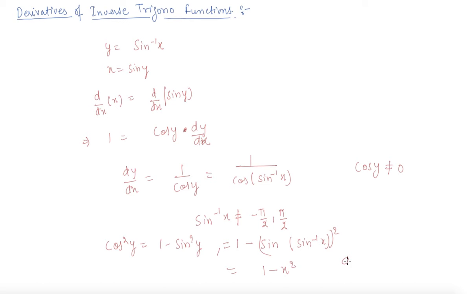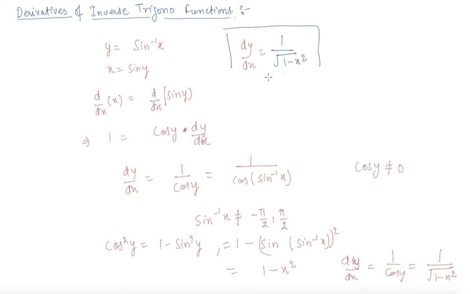Now dy by dx is equal to 1 by cos y, so taking the root we get 1 by root of 1 minus x square. So the derivative of this function, dy by dx, comes out to be 1 over root of 1 minus x square.